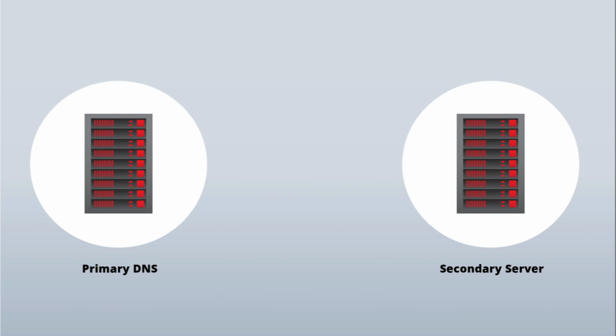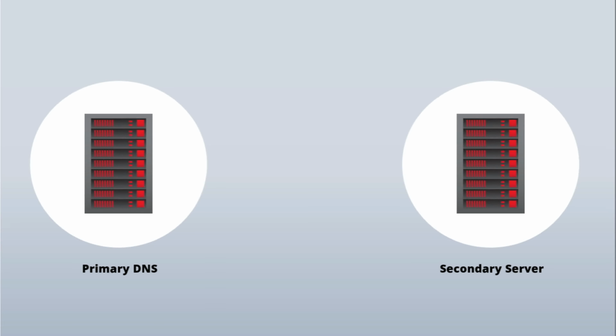Not only do we have one DNS server in our networks, but we can have more than two. Each DNS in a domain area is going to be a DNS zone.